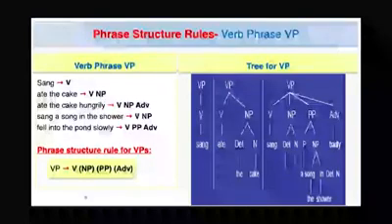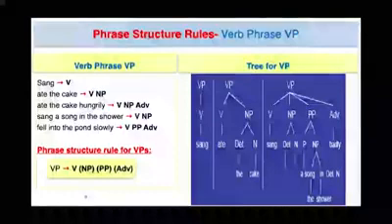All these add to the variety of sentences that we can make out of verb phrases. Let's have a look at the tree for the verb phrases. We have sung. Sung is a category which stands for verb, which rises into the category of VP, a verb phrase. Also, we can go from the top down. A verb phrase branches into a verb and an NP.